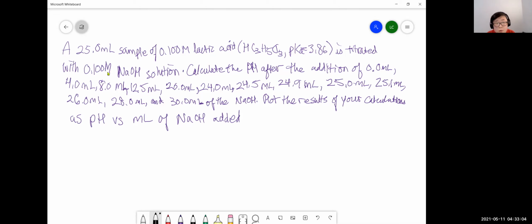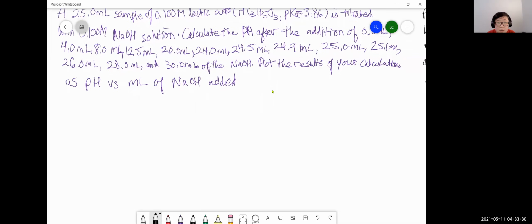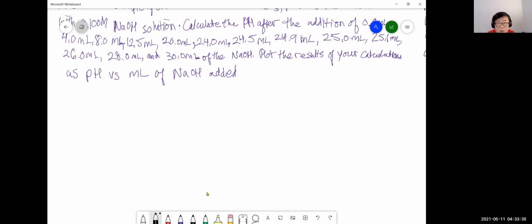Calculate the pH after the addition of 0 milliliters, 4 milliliters, 8 milliliters, 12.5 milliliters, 20.0 milliliters, 24.0 milliliters, 24.5 milliliters, 24.9 milliliters, 25.0 milliliters, 25.1 milliliters, 26.0 milliliters, 28.0 milliliters, and 30.0 milliliters of the NaOH. Plot the results of your calculation as pH versus milliliters of NaOH added. So you can pause the video here if you would like to try this problem out.